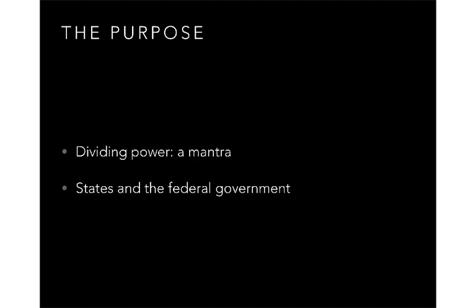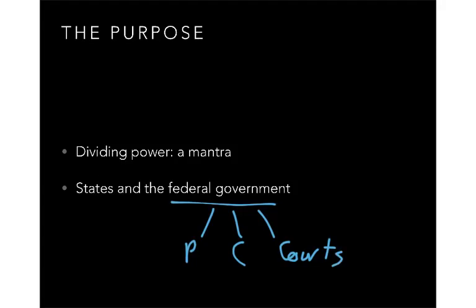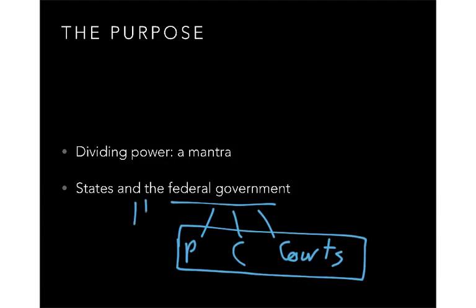And so the idea is that not only do you divide the power of the federal government into different branches, like the presidency and Congress and the courts, and as a matter of fact, this is what we're going to be taking a look at next in our middle section of the class, but we also need to separate power between the federal government and state governments, so that states should also be a part of this. So this is the purpose, to divide the power.